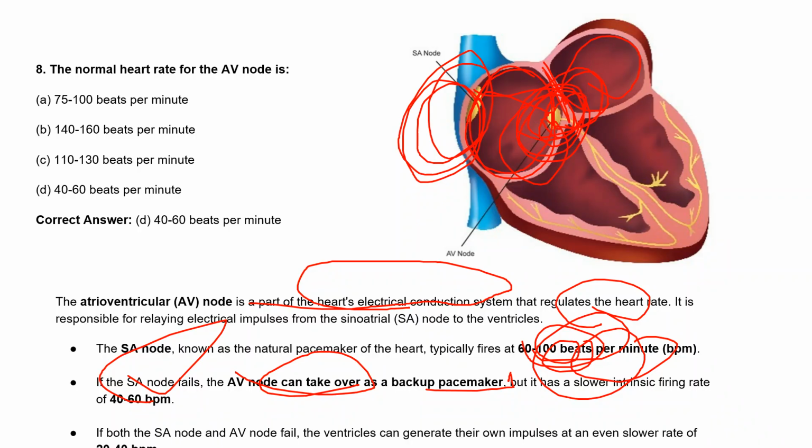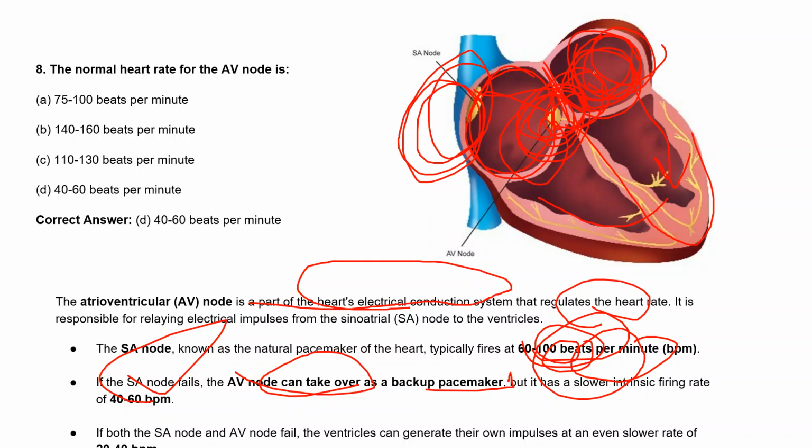First, it helps in electrical signal transmission. It receives the electric signal from the atria, the upper heart chambers, and then conducts it to the ventricles. Also, the AV node slightly delays the signal transmission, which allows the atria to fully contract. The atria pump the blood into the ventricles before the ventricles contract.